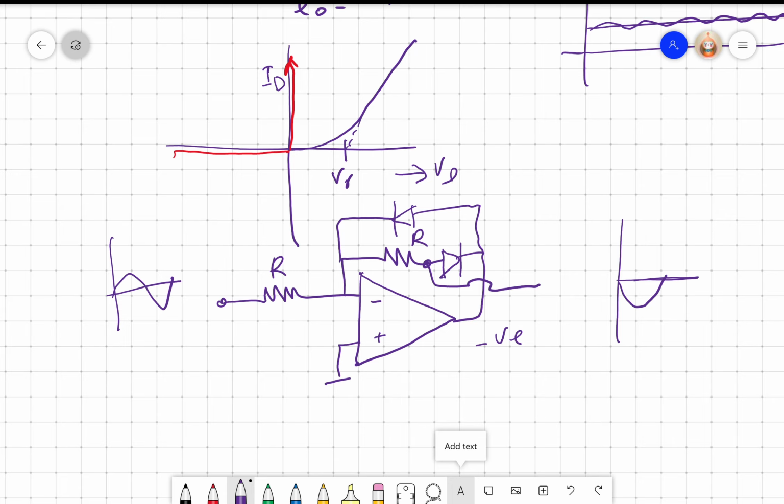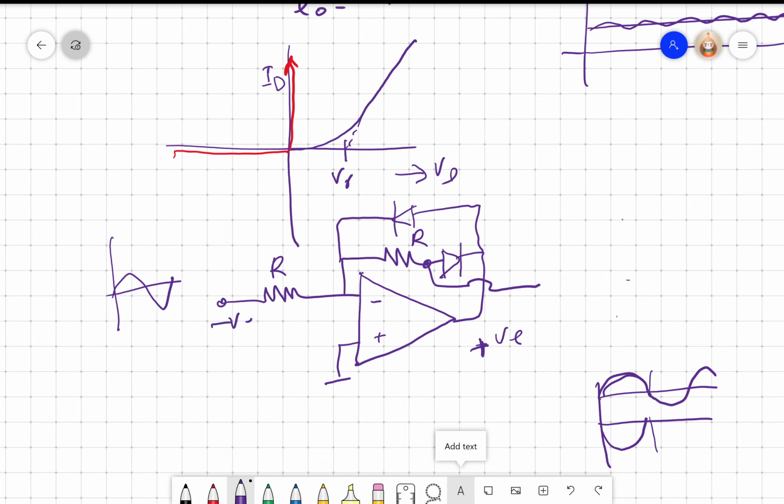Okay, I will not write it here. So I am putting it here. When my input is positive, please remember it is inverting, so my output will be negative. Now when my input is negative, the output will become positive, right?